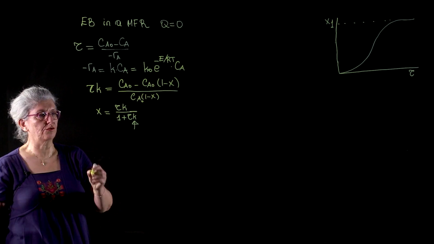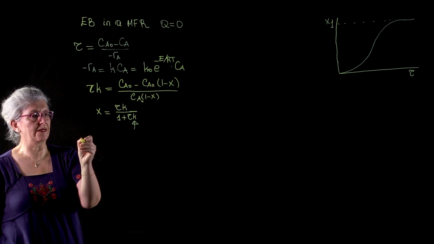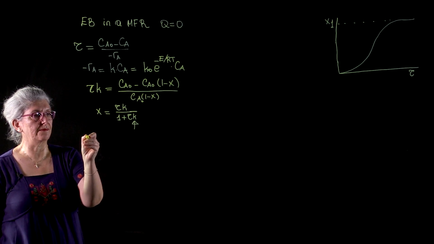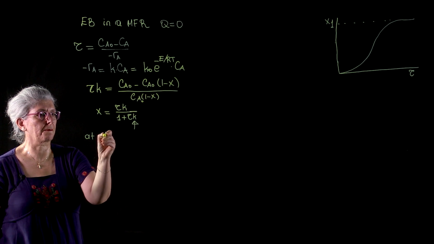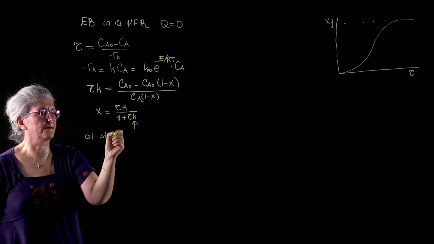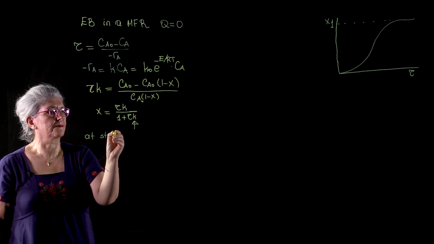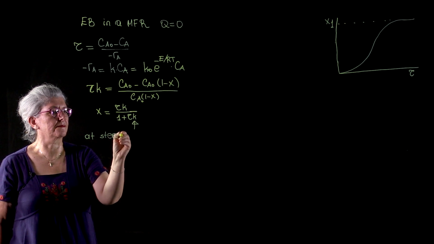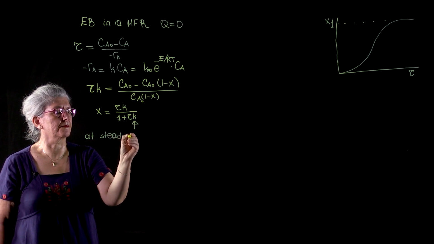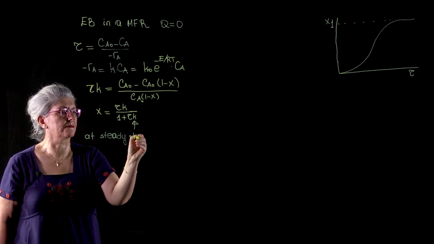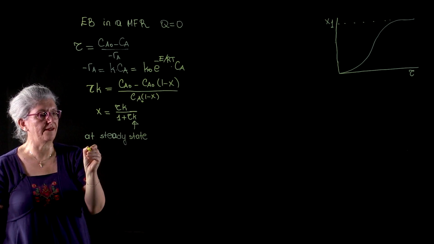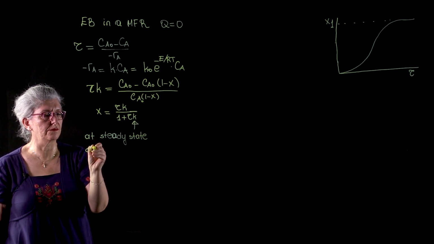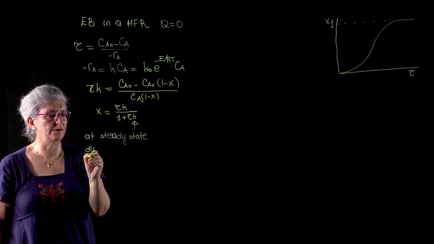For this, we are going to write down the energy balance for an open system at steady state. We're going to have the dU over dt term equal to 0.